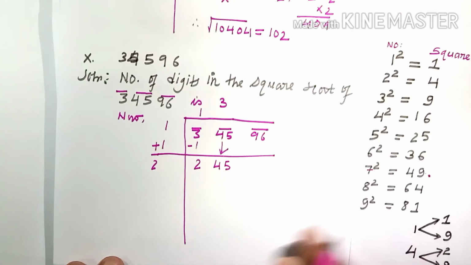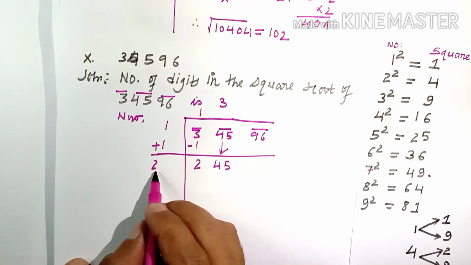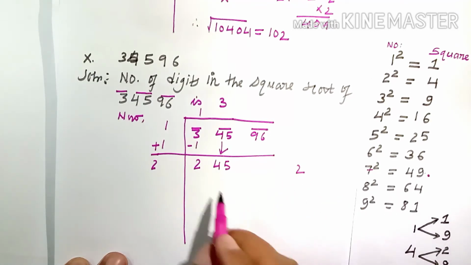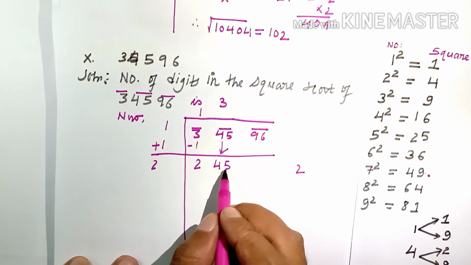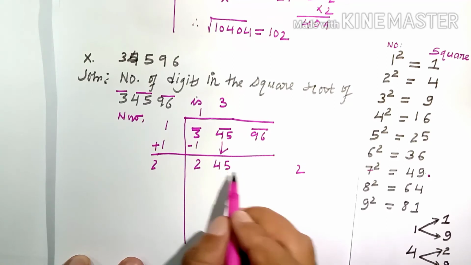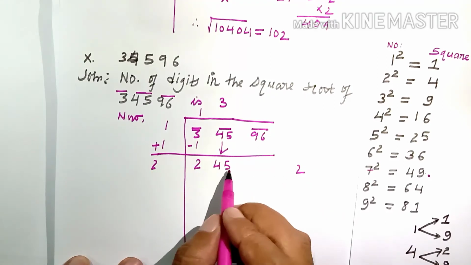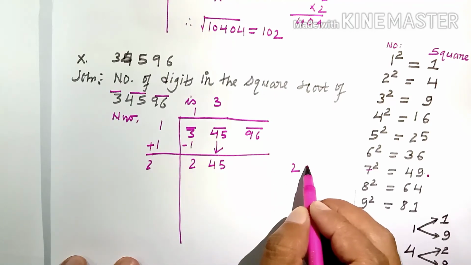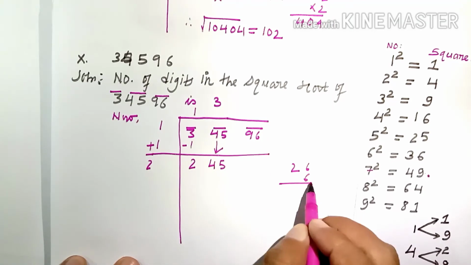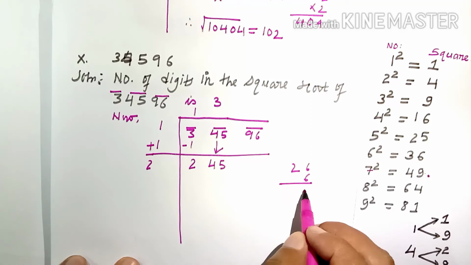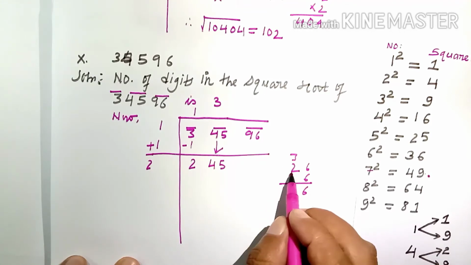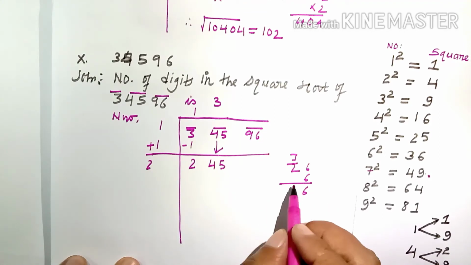Now after that take 2 for rough work. So here we have 245. You will not get exactly 245, you just have to find the number less than 245. So we try 6: 6 6s are 36, 3 and 6 2s are 12, plus this equals 15.